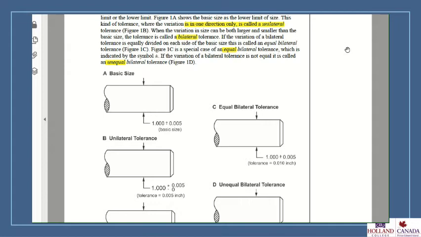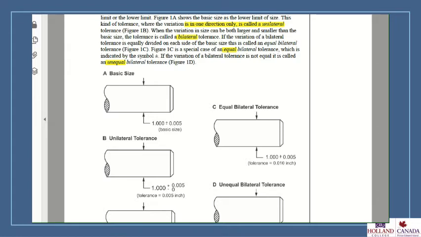When the variation in size can be both larger and smaller than the basic size, the tolerance is called a bilateral tolerance. If the variation of a bilateral tolerance is equally divided on each side of the basic size, this is called an equal bilateral tolerance.